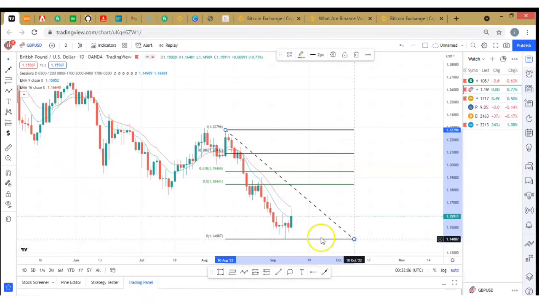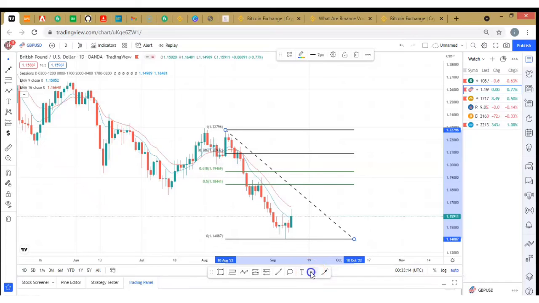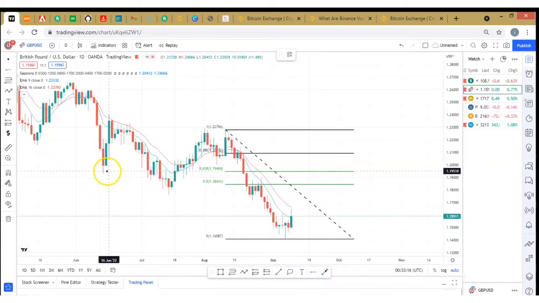So seeing my FIB, the area I pay attention to in this FIB is this area I'm about to draw here. It will be this zone.